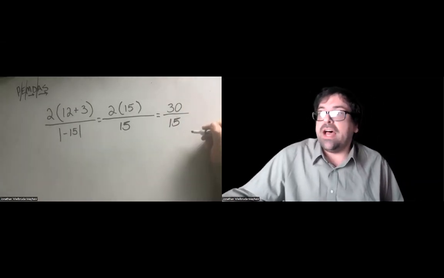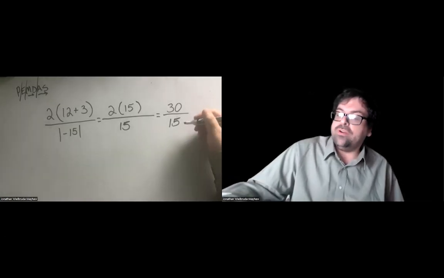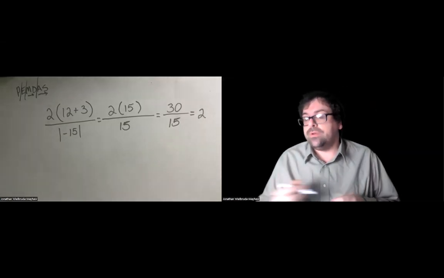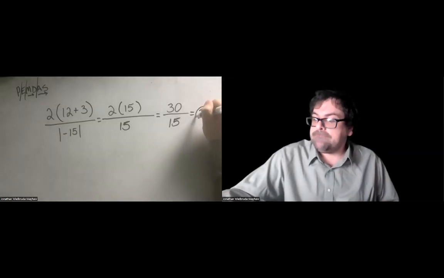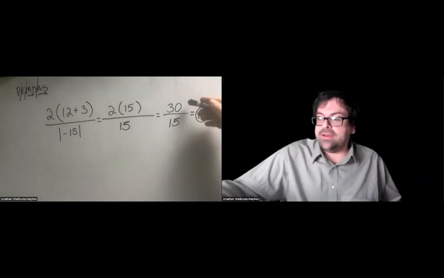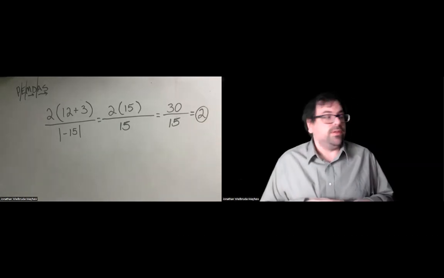They're both simplified top and bottom as far as they can go. So we divide 30 divided by 15 is 2. And again, had that not been able to divide evenly, we would just reduce the fraction.